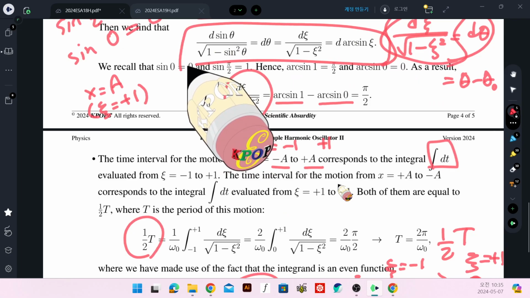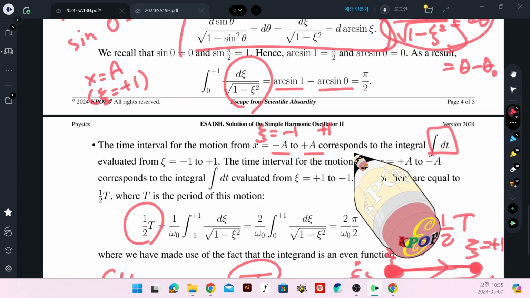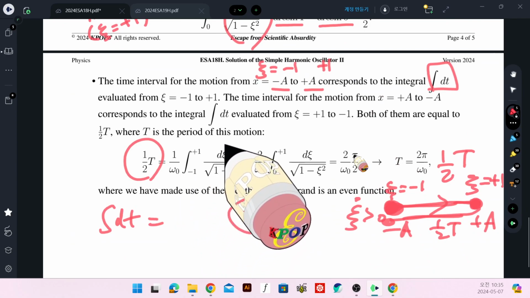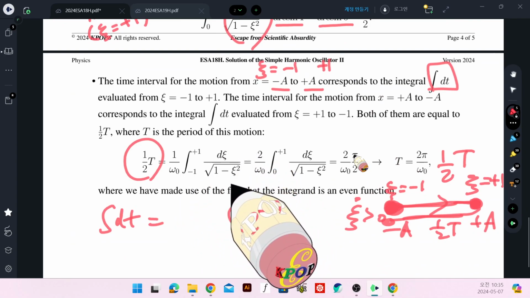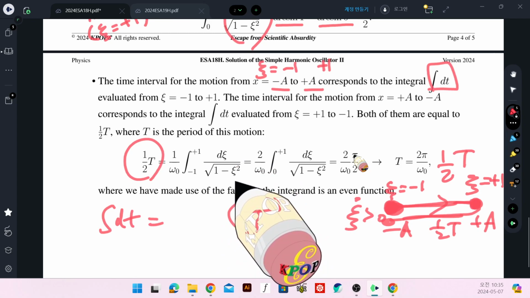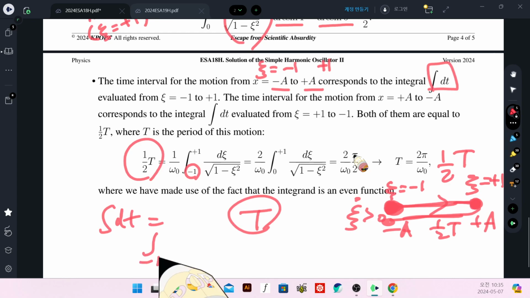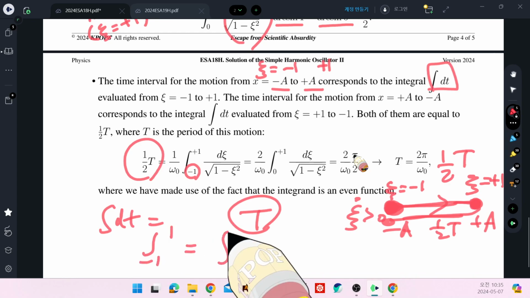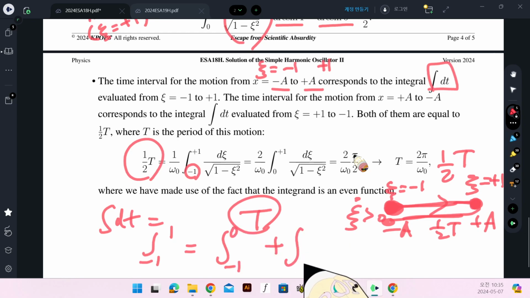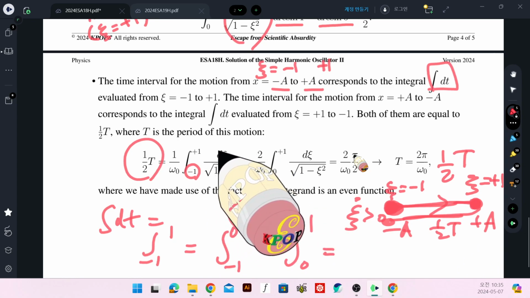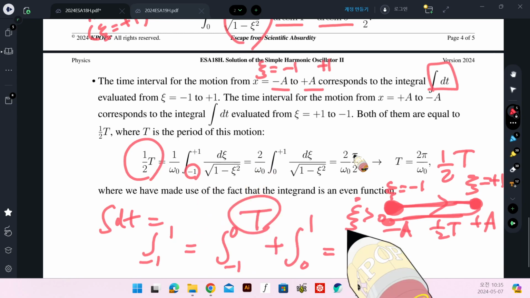This is arc sine. We know the integrand of this integral is an even function. Therefore, the integral from minus 1 to 1 is minus 1 to 0 and 0 to 1, and they are the same because this integrand is independent of sign.